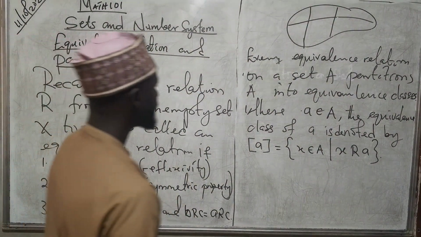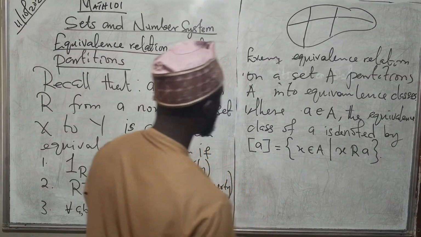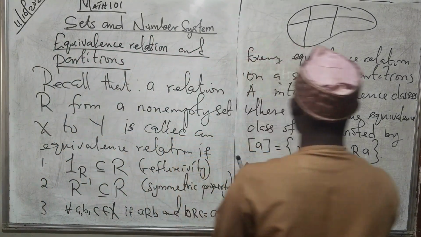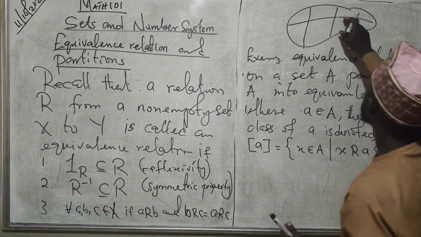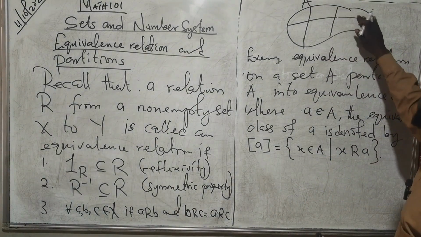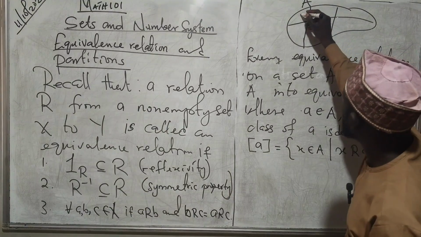So you see, the equivalence relation will partition this set A into equivalence classes. These are the equivalence classes.